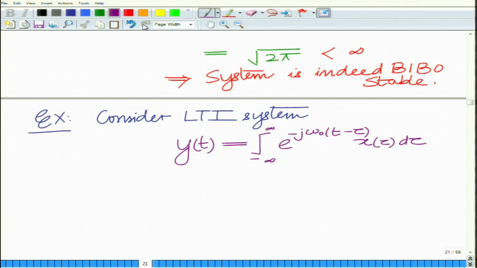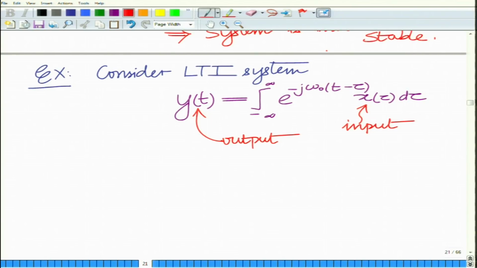So, for input x of t, this output y of t is given by this relation.